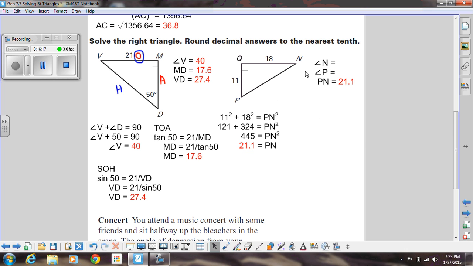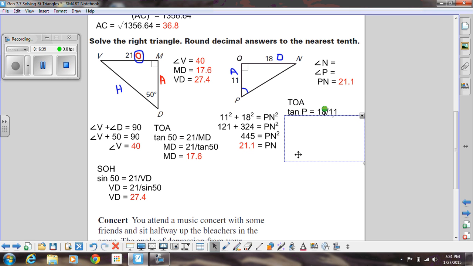So for angle P, let's set up a trig equation. So if we're looking at angle P, we're given the opposite side and the adjacent side. So we're dealing with TOA. So I'm going to set up a tangent equation.